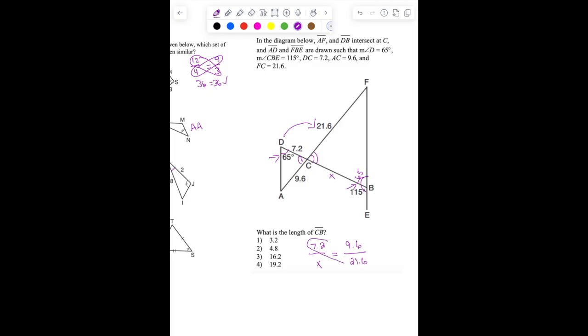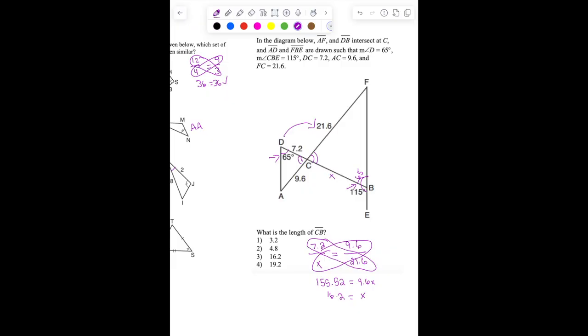Then we can cross multiply: 7.2 times 21.6 is 155.52, and that's equal to 9.6 times X. If we divide both sides by 9.6, we get 16.2.